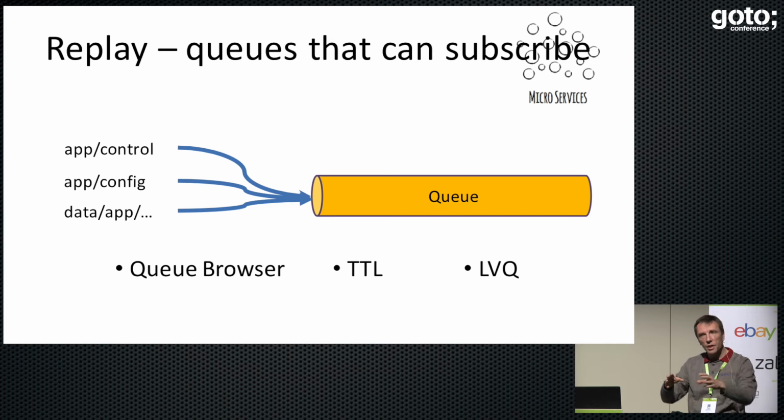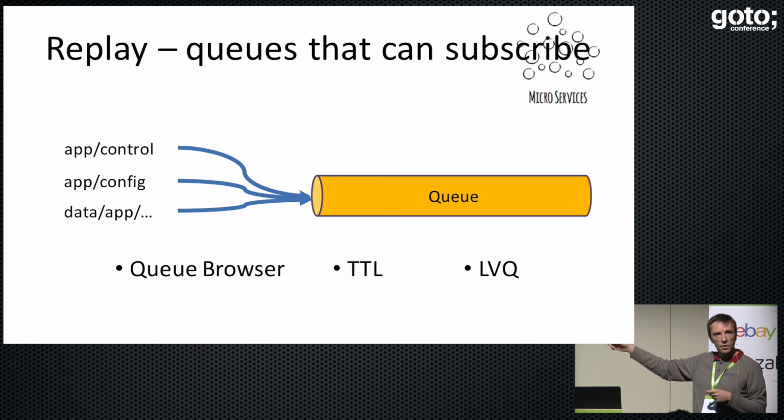The point is then we have a queue that contains all of the state information, and if our application fails and needs to restart, we can simply restart and start browsing, as we call it, which is to say looking at the messages on the queue without consuming them. That way we can fully replay the whole state of the world from where we are.